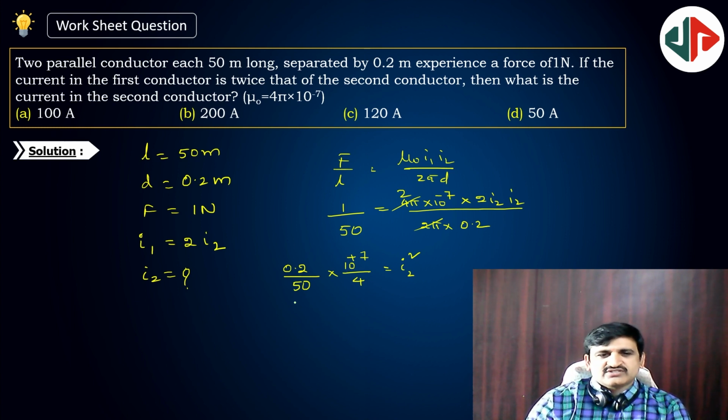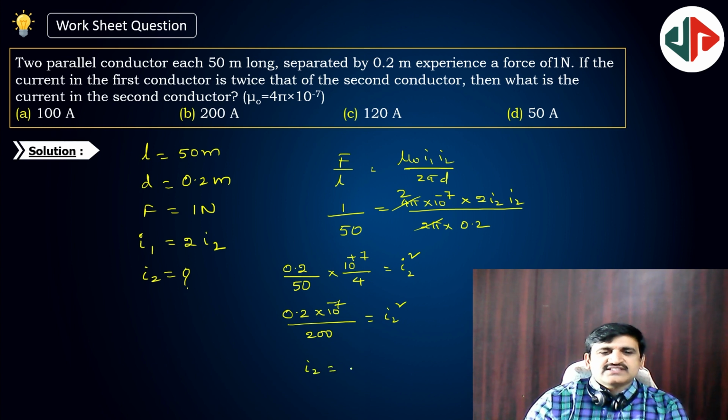Then 200 by 50 into 4. We'll do slowly. 0.2 into 10 to the power of 7 by 4 fifties are 200, equal to I2 square.